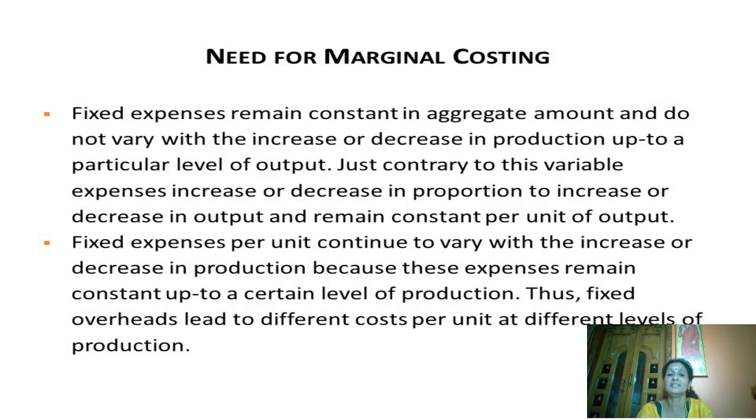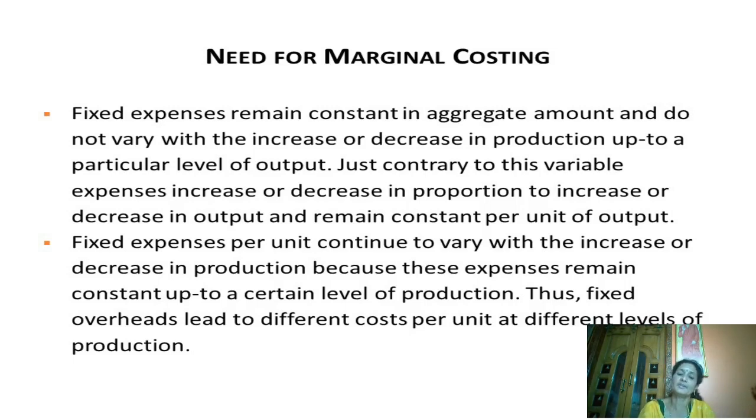For that increase of 2,000 units, we need raw materials, labor, capital, whatever is required, everything has to be increased. Because the production is increased, the cost also will increase. The cost which increases because of the increase in production is called marginal cost, additional cost. So we get a clear picture of the marginal cost.